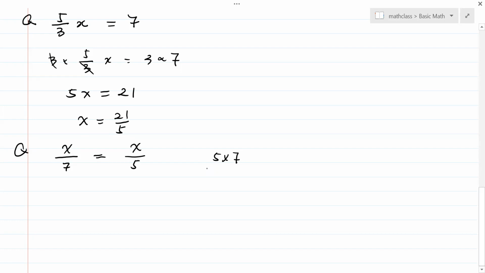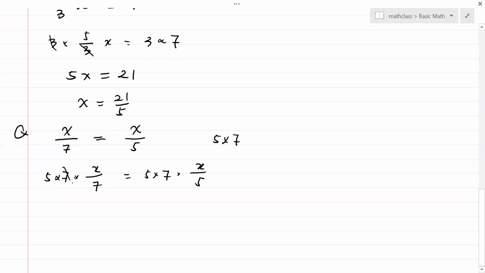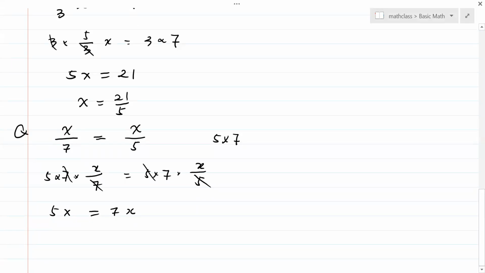So the smallest number containing 5 and 7 is 35. So when you multiply both sides, what do you get? Here's x over 7, and 5 times 7 times x over 5. You see, there's a common factor here and a common factor there. You cancel them out, and you get 5x equals 7x.